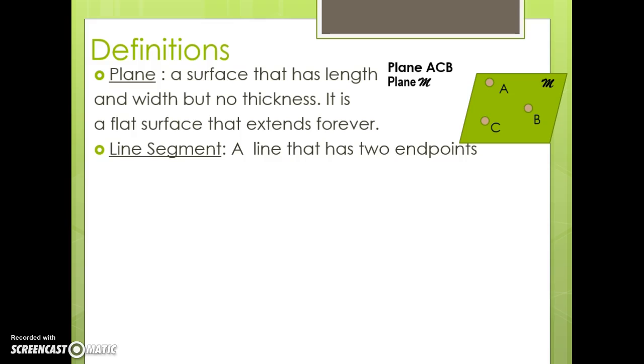A line segment has a start and a stop. It starts at A and ends at B. So our street sign is going to be like a little miniature of this picture. Notice it doesn't have any arrows, right?